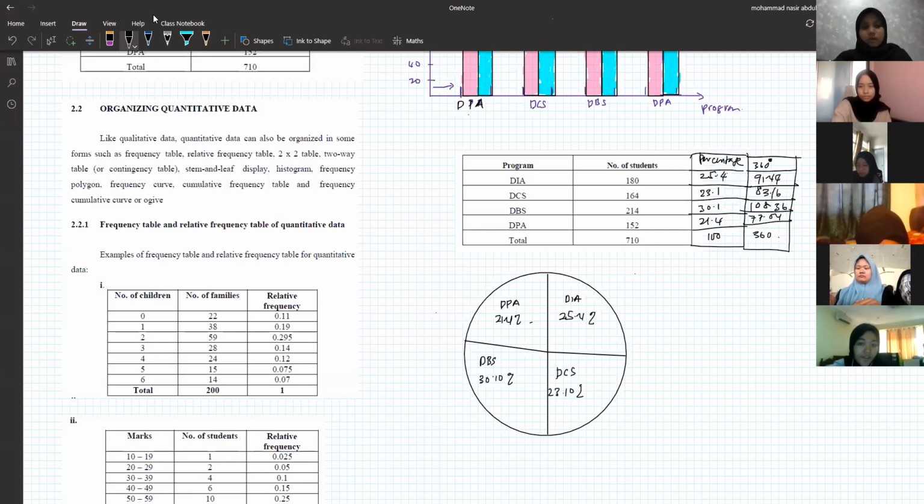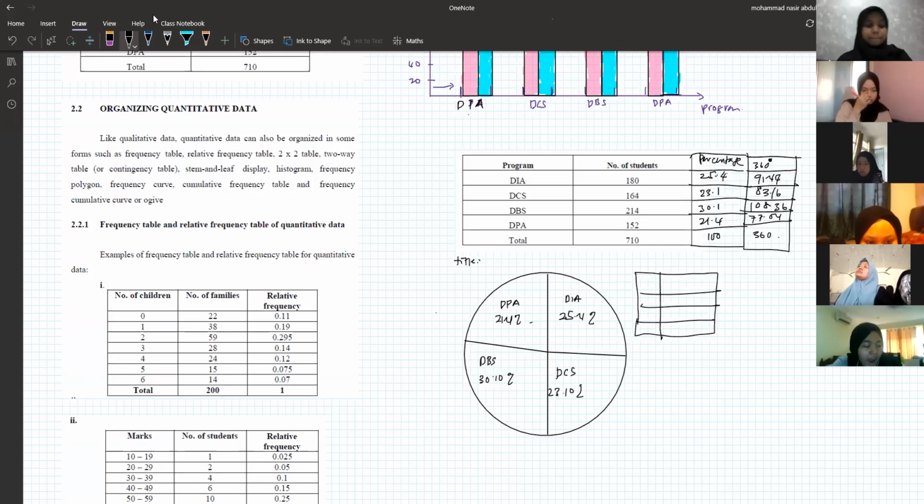If you want to use color, then you can include a legend to indicate the color code. And don't forget, you should have a title. The title should consist of the name of the chart and the variable involved in the chart. So a pie chart showing number of students. Sorry, we use percentage.